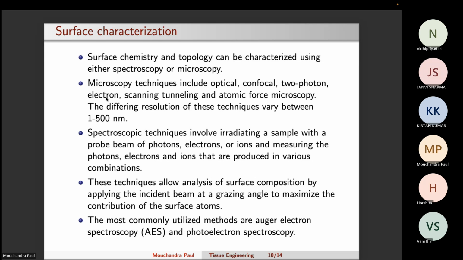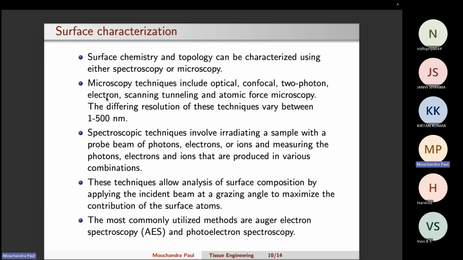Now microscopy will help you understand how the surface looks like through images. You cannot quantify the surface characteristics using microscope, but you can use the spectroscopic techniques for doing quantitative analysis.